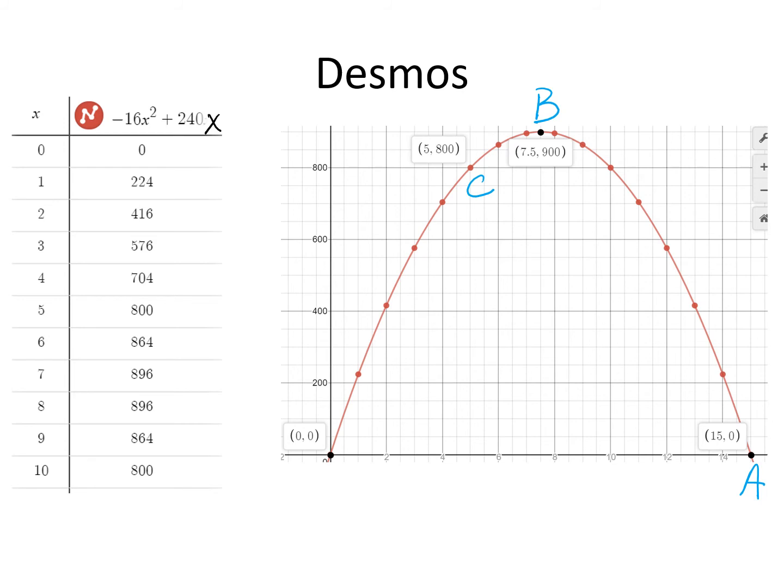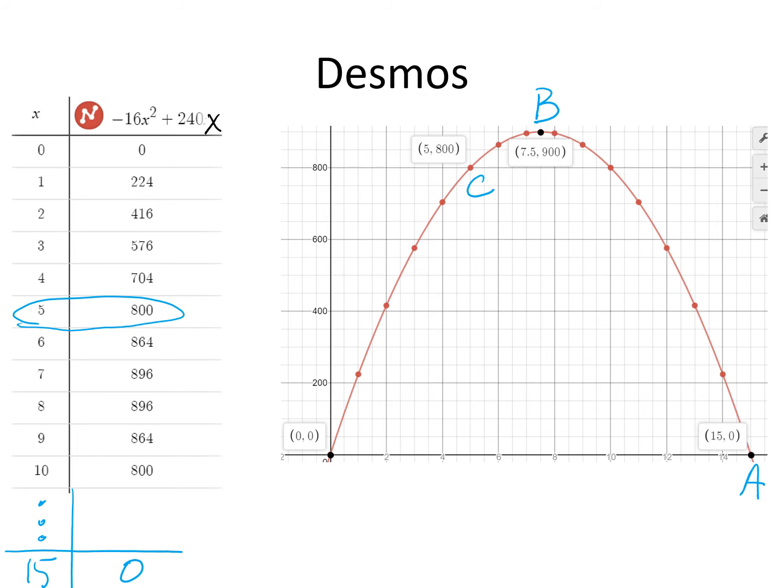5, 800, but again, I had mentioned looking at your table, so there's that 5, 800. Again, you cannot see the x-intercept because my table did not go that far, but if I had continued that table, then we would have had a 15, and then beside it there would be a 0. I just was not able to show all of that information.